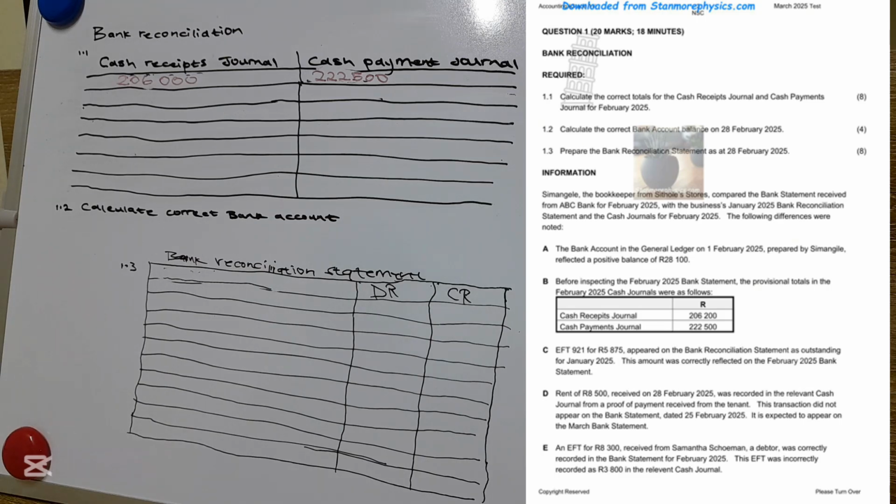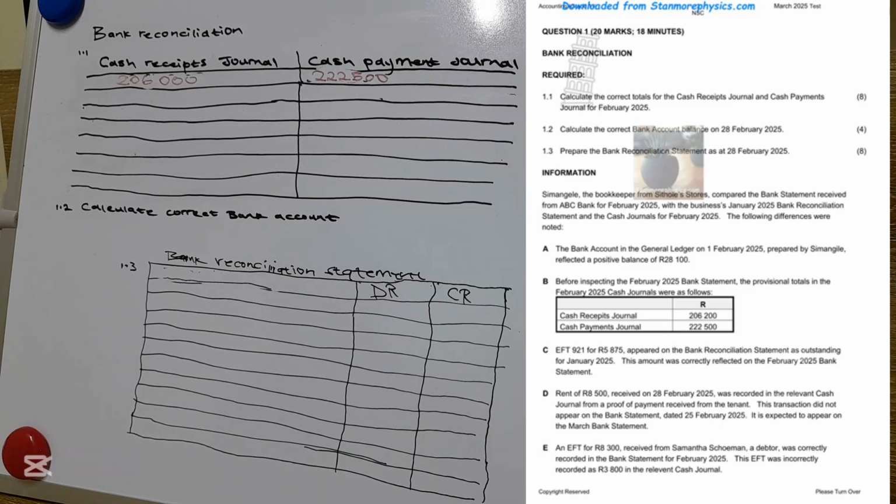Okay, let's go to our information. Smangele, the bookkeeper from Stoller Stores, compared the bank statement received from ABC Bank for February 2025 with the business's January 2025 bank reconciliation statement and the cash journals for February 2025. The following differences were noted.